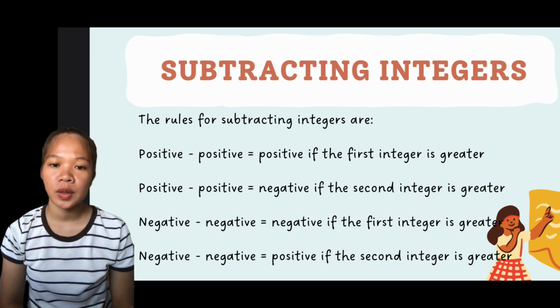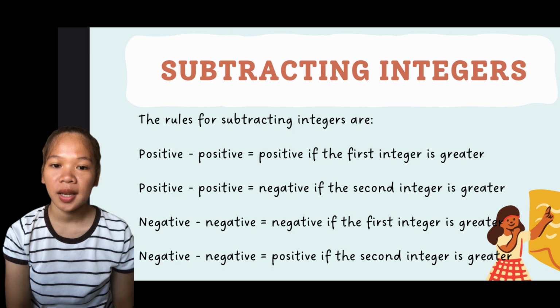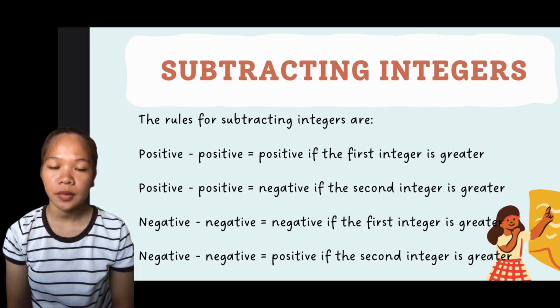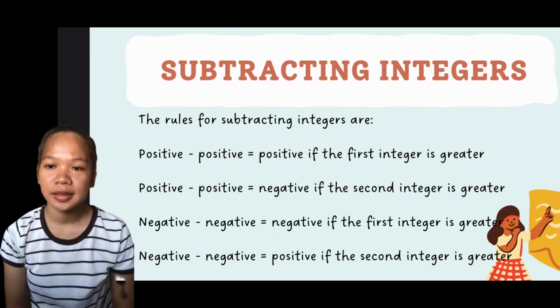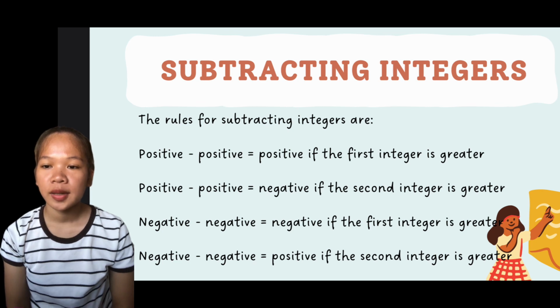So kung yung pinakauna na integer is yun yung pinakamalaki, and then of course yun din yung susundin na sign ng integer. And then positive minus positive equals negative if the second integer is greater.